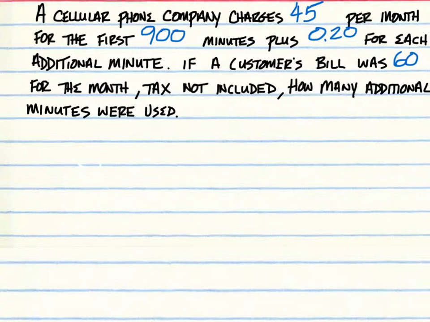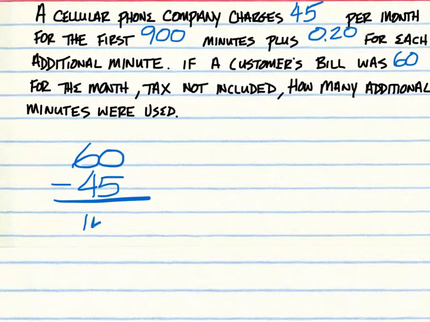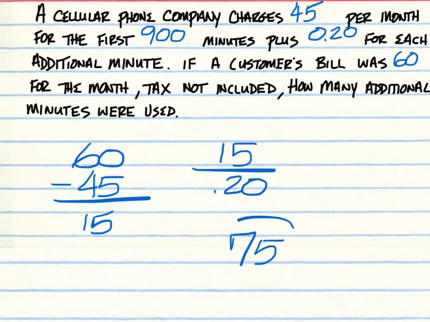Start with 60, which is what they were billed, and subtract 45 to get 15. 15 divided by the 20 cents per minute when you go over. 15 divided by 20 cents is going to be 75 exactly.